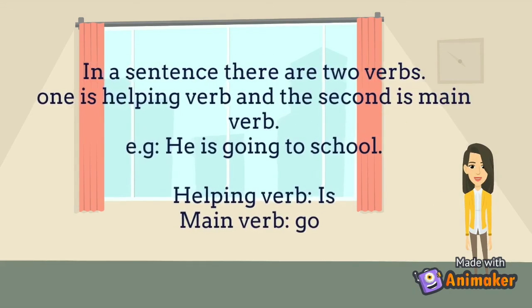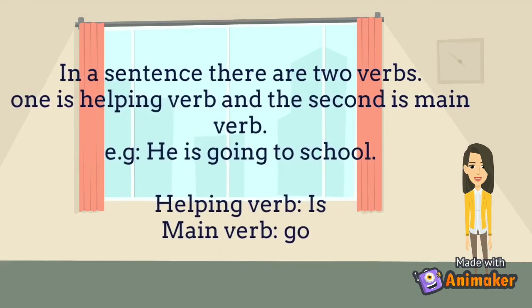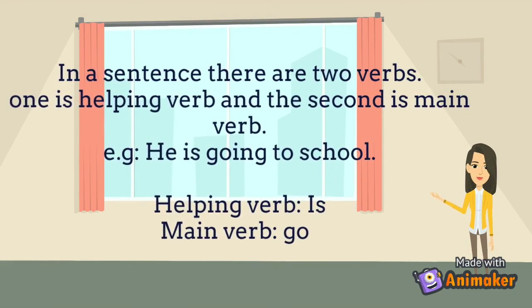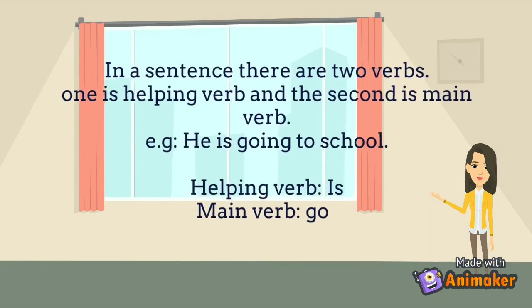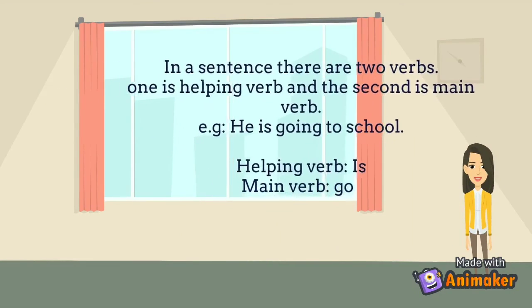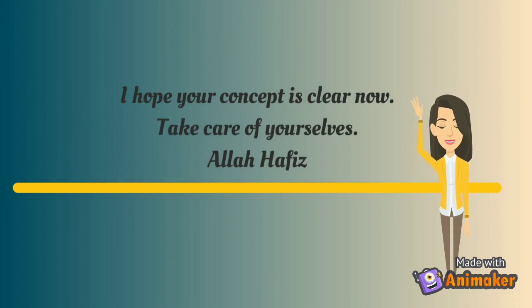The different helping verbs in these three tenses, present, past, and future, are why we can differentiate between the tenses. I hope that the concept of continuous tense is crystal clear to you now. If there is any problem, you can ask.